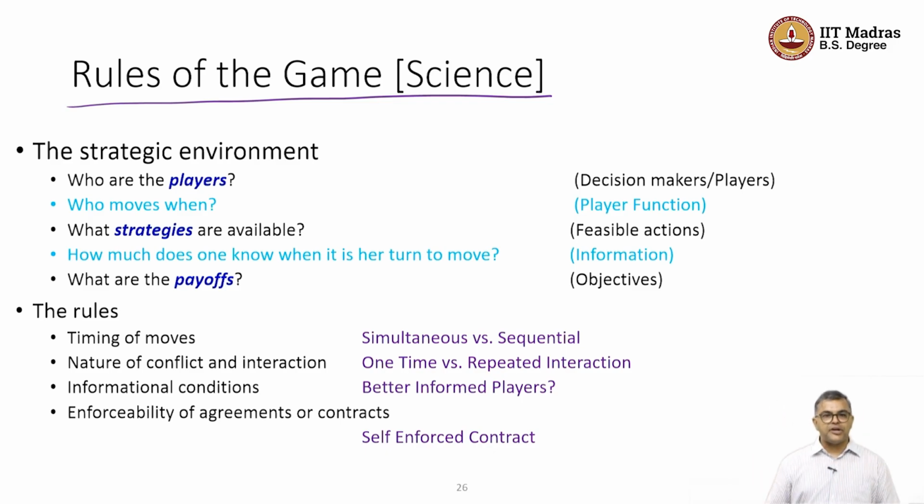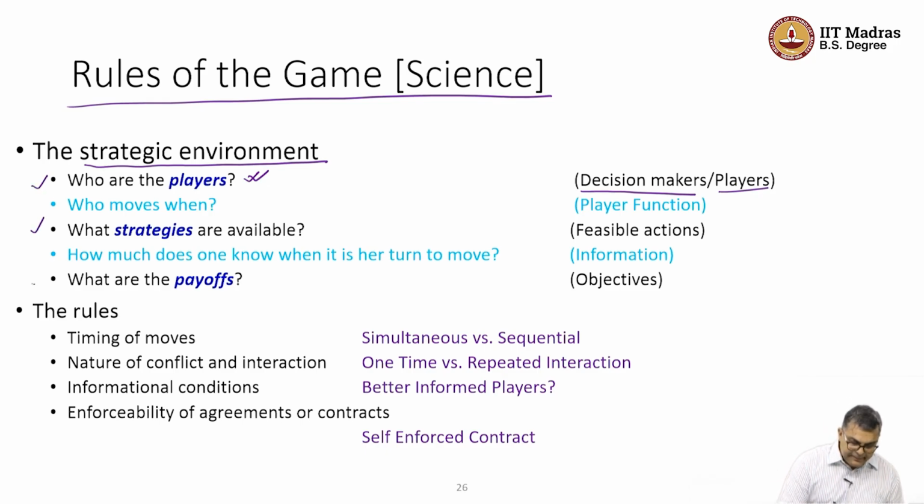So, when we are talking about a game, it is certain that we have a strategic environment. What do we have in this strategic environment? We have players or decision makers. In fact, we are calling these decision makers players. You will pay attention that some points are written in black and some points are written in blue.